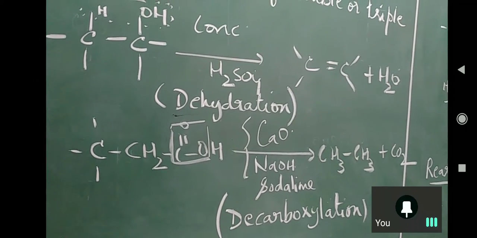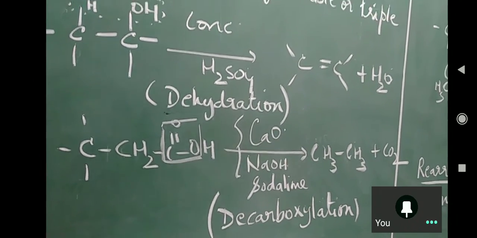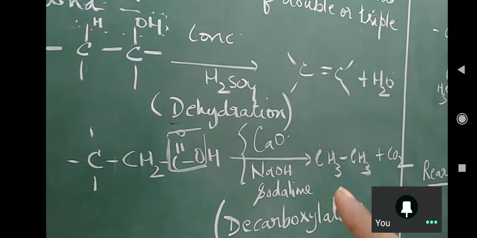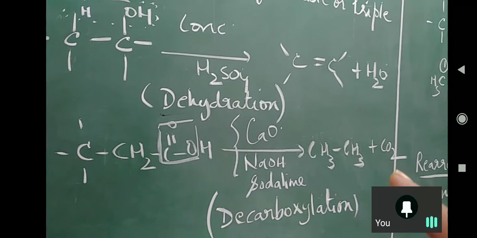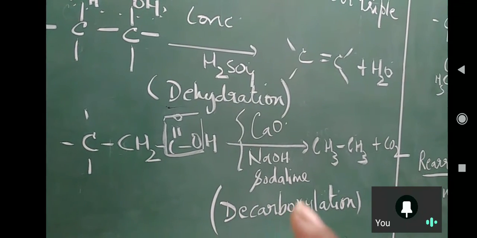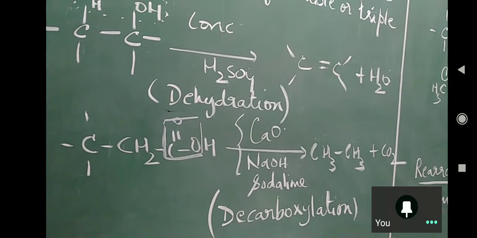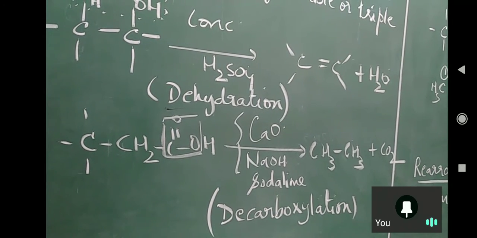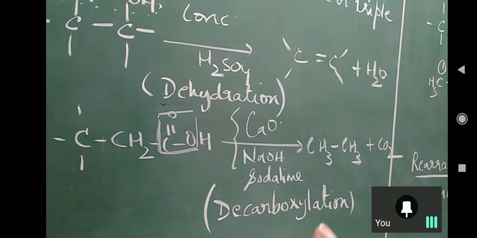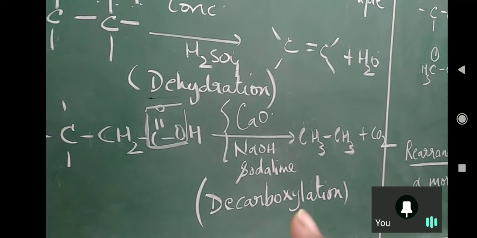What is the structure of carbon dioxide? Okay, so this H will join here, ethane is formed and carbon dioxide is given out. The reaction is known as decarboxylation reaction. Loss of carbon dioxide.